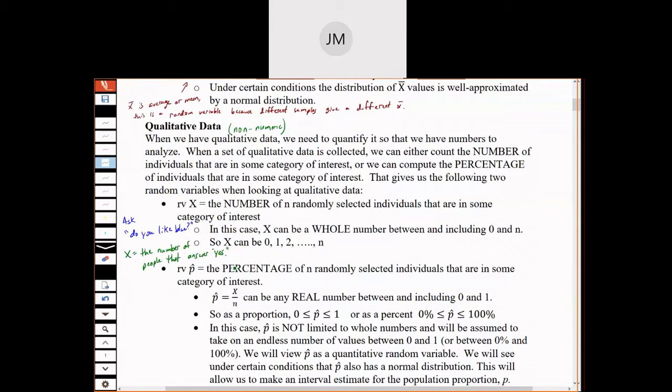Okay, so I can take this non-numeric question and this non-numeric data, and I can get a new numeric variable out of it. Random variables are always numeric because we need to do computations with them. And then I get this other random variable p hat, and that's just the percentage of people that said yes.